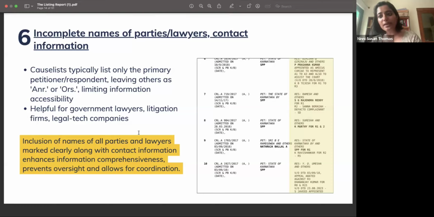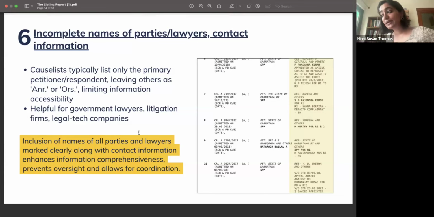There's of course a problem that there are matters where there are 50 or 60 respondents, and that's going to take up a lot of space. A workaround is what we've seen in the Madhya Pradesh High Court, where they have a simple hover option, where if you hover, you will get all the party names. Or there's a collapsible option, where in the first instance, you will only see the first petitioner and the respondent, but then if you press on it, it will expand to all parties.